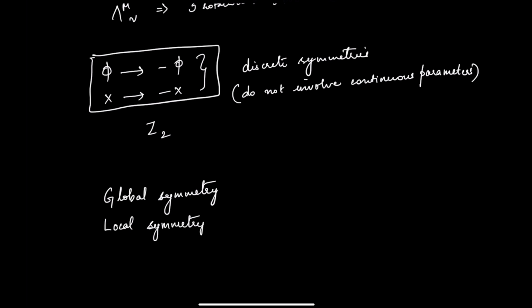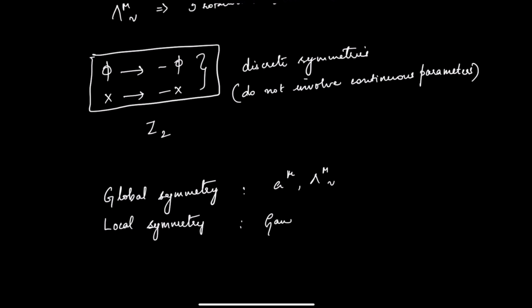Examples of global symmetry are the translation symmetry and the Lorentz symmetry. An example of local symmetry is the gauge transformations in electromagnetic theory, where the parameters are space dependent.